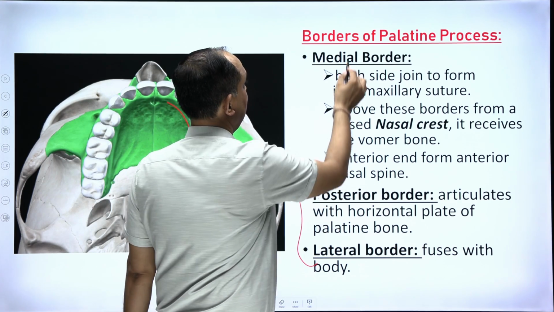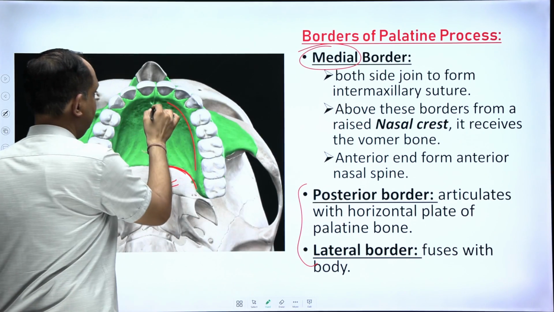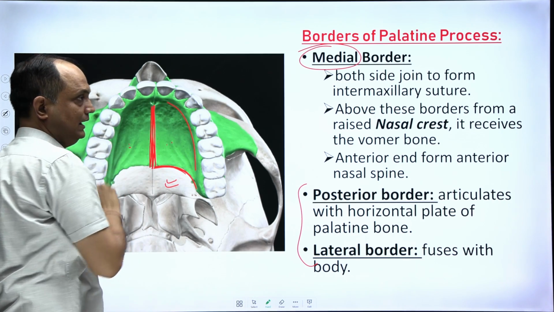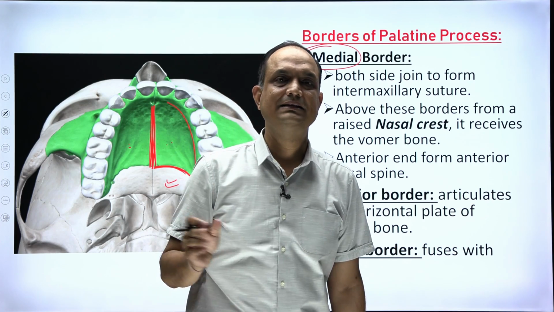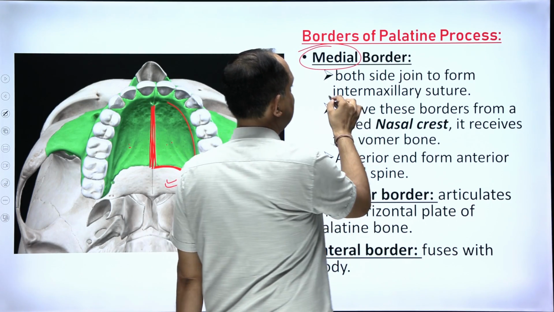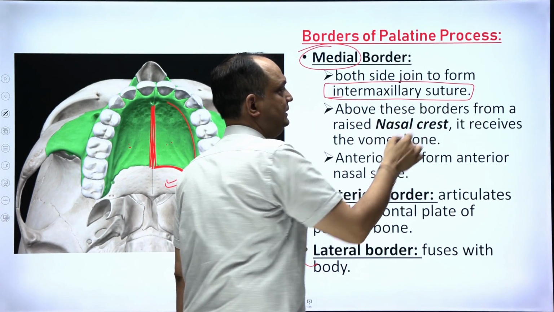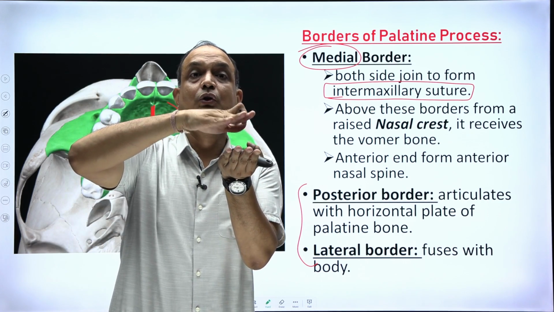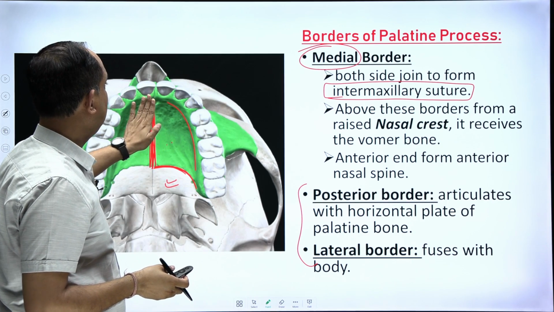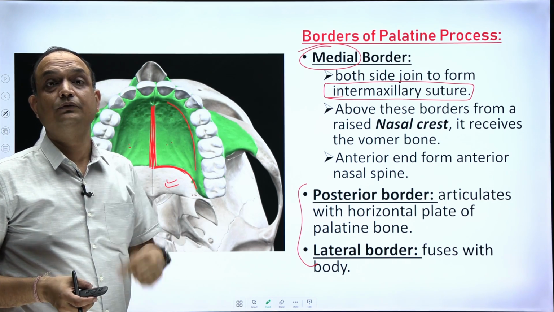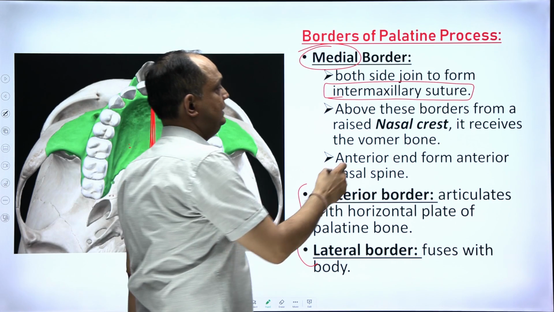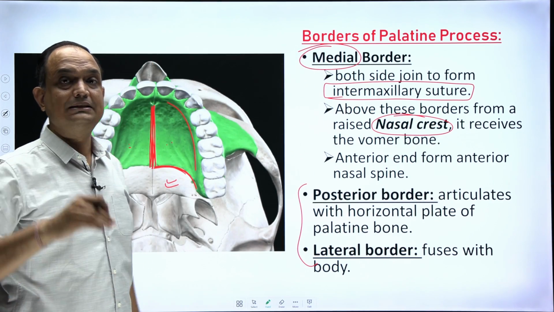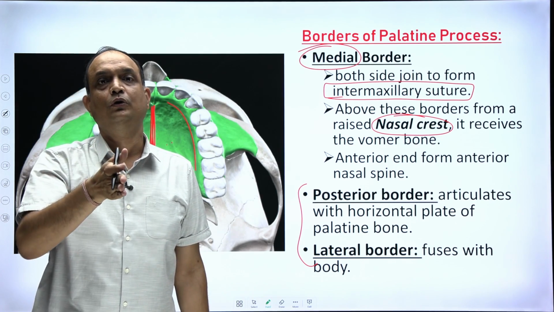Now we will move to the medial border. Both sides of the medial border join together in a suture line which is known as intermaxillary suture. What is that? Intermaxillary suture. Now above these, if you look towards the nose, that means the superior surface in the midline, you will find that it forms a projection known as nasal crest, and this crest receives the vomer bone from above.